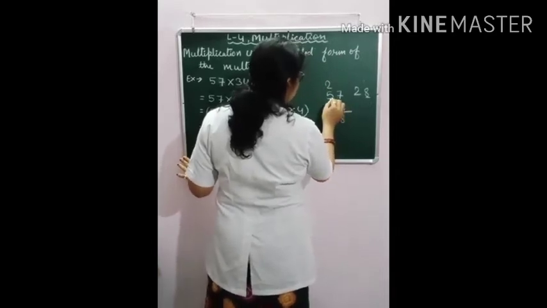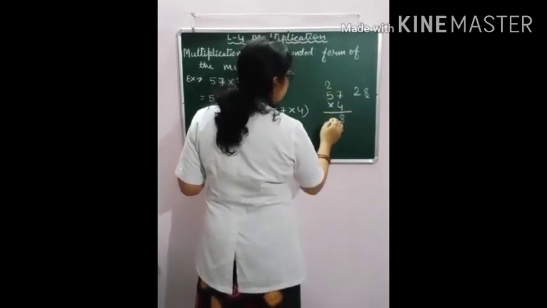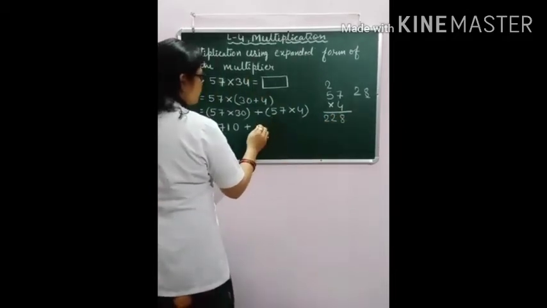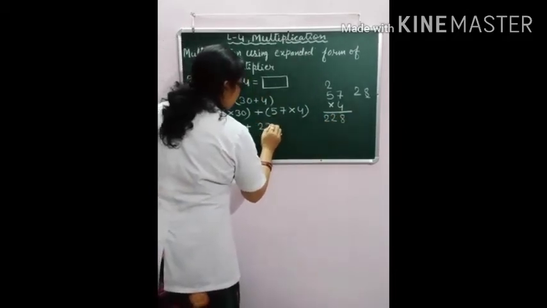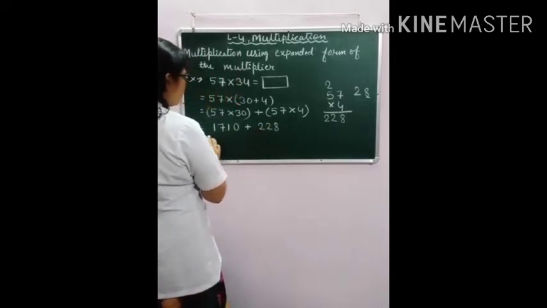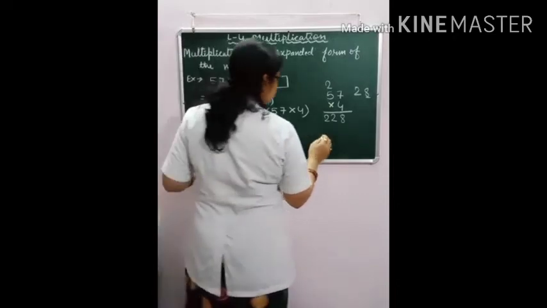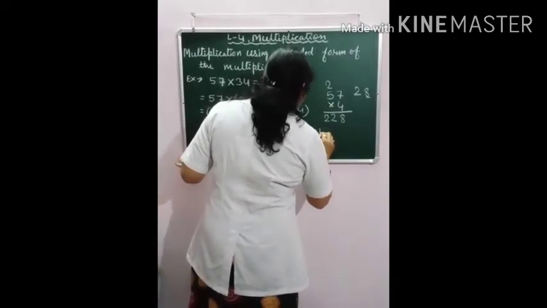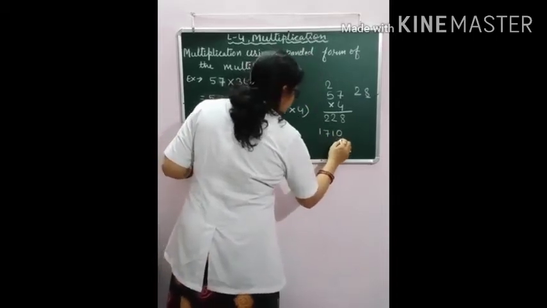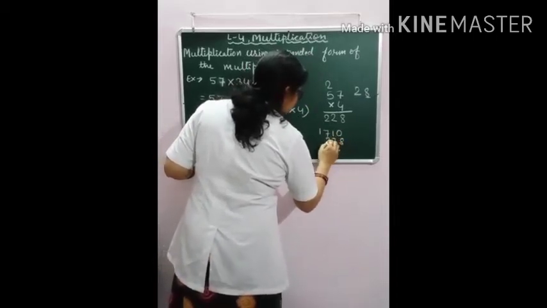So 5 4s are 20. 20 plus 2 is 22. So the product of this number is 228. Now we will add these two numbers and we will find out the result. So 1710 and 228.